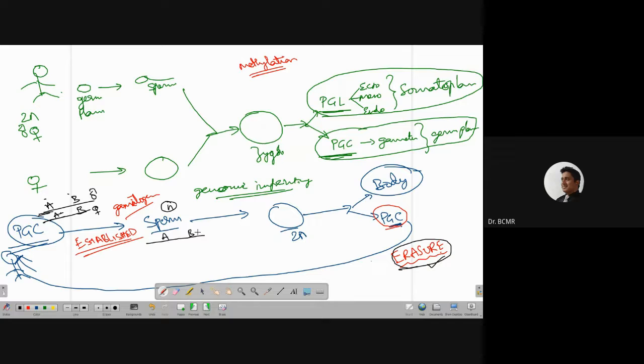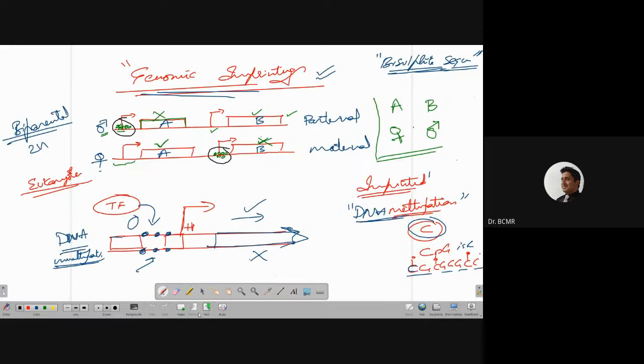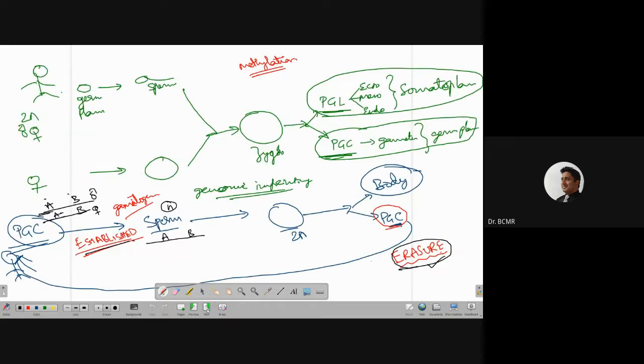And we are saying that the imprint is established. So what would you expect? Which one of it is methylated? You can also take a clue from here. When we are saying it is a sperm, it is male, that is right. A is methylated and B will remain unmethylated.